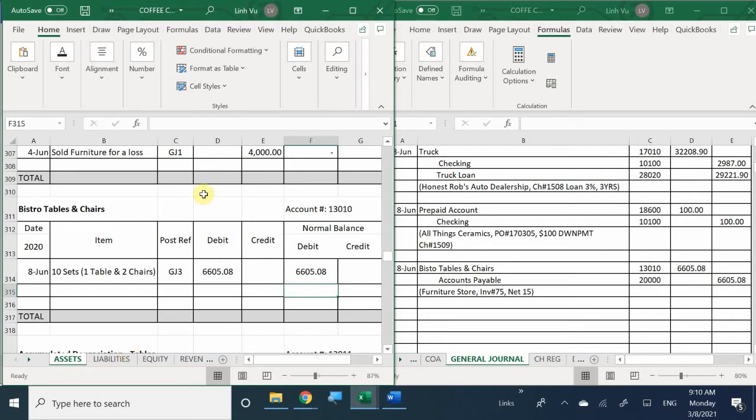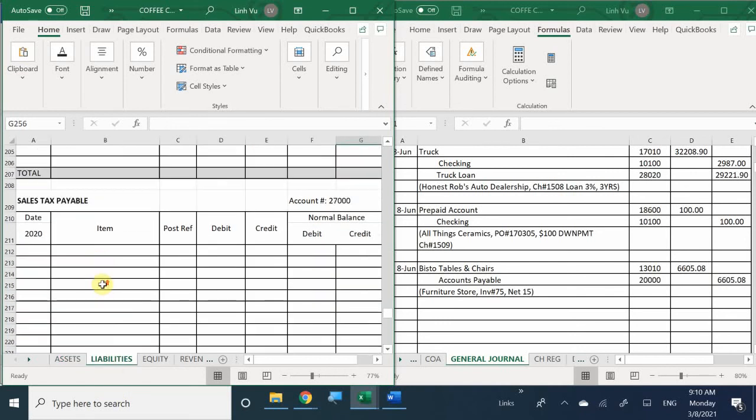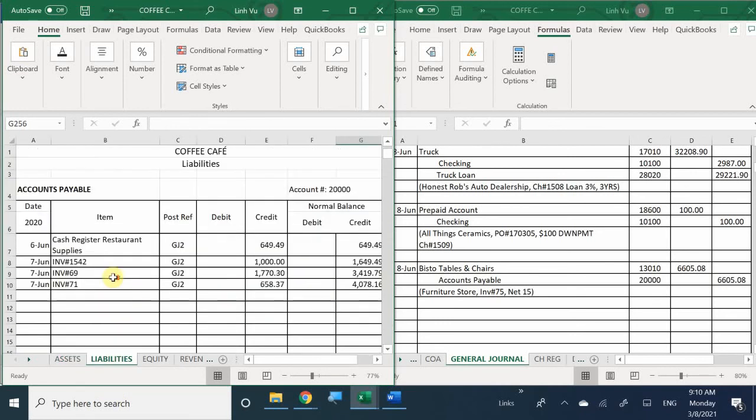Now that I have that, I also place this on an account. So here I got to go to my liabilities all the way to the very top because now I owe money. So 6, 8, and I owe this to invoice number 75.